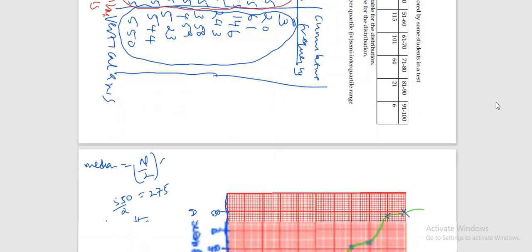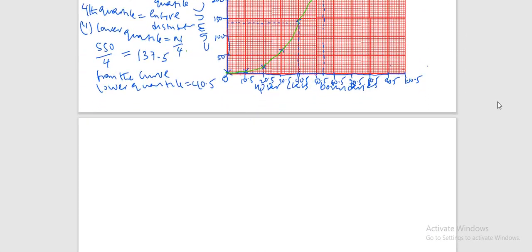Then the next question is the upper quartile. The upper quartile is 3n over 4. This is how it's gotten: 3 times 550 divided by 4.